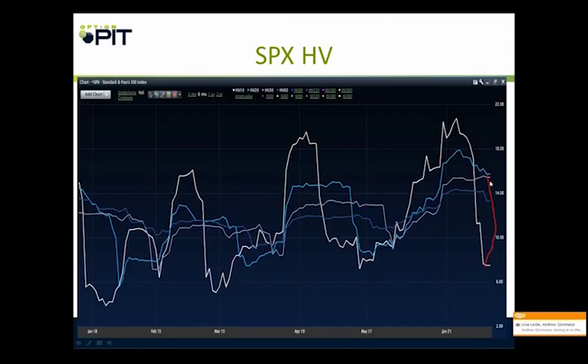So take a look here. The white line is 10-day, and that blue line is 20-day. So they look like they're rising, but what just happened to volatility?